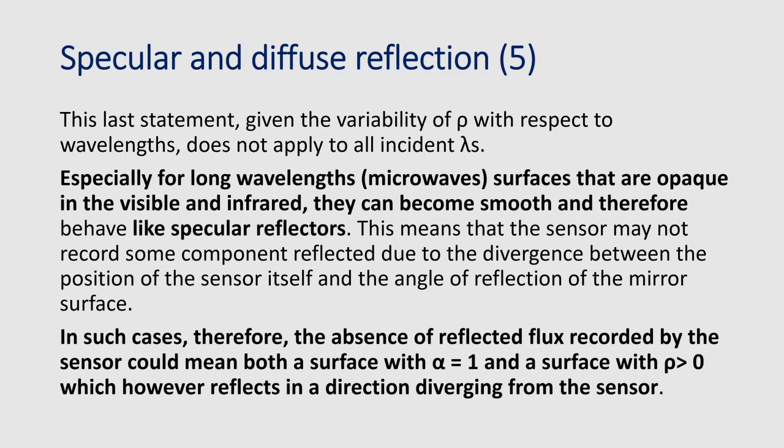So for a radar sensor you should take this into consideration, which makes the interpretation of the image harder than for a passive sensor, because for the same cell of the image you always have these two different possibilities. And so you need to understand, especially by experience, if the surfaces are smooth or rough, so if they are specular or Lambertian. Okay.